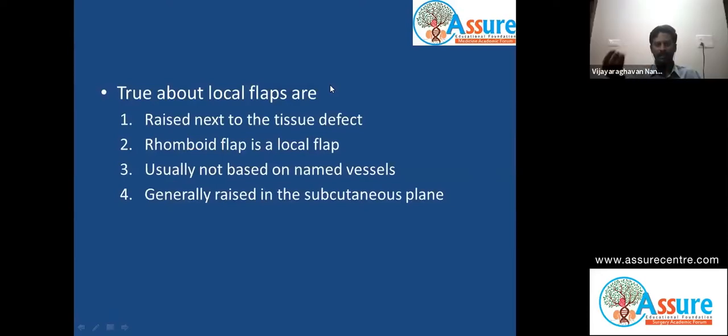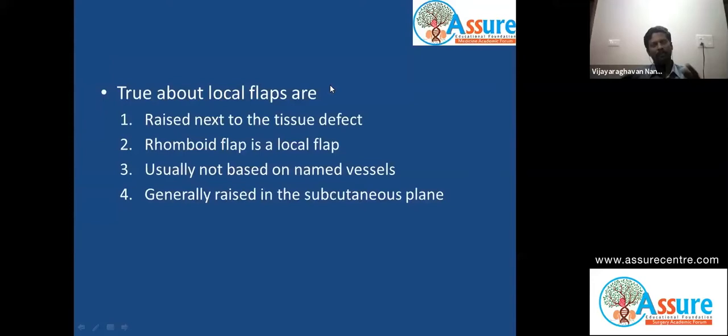If it contains only muscle, muscle flap. Muscle and skin, musculocutaneous flap. Muscle, skin, bone, osteomyocutaneous flap. There are many ways in which you can classify a flap. Based on movement, it can be a transposition, a rotation, or a VY advancement movement.